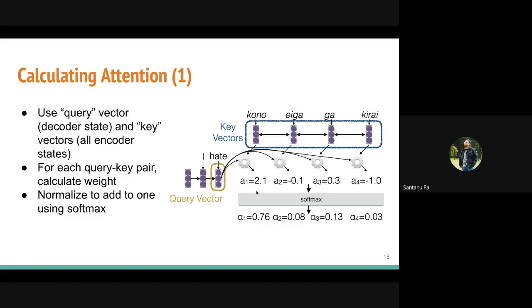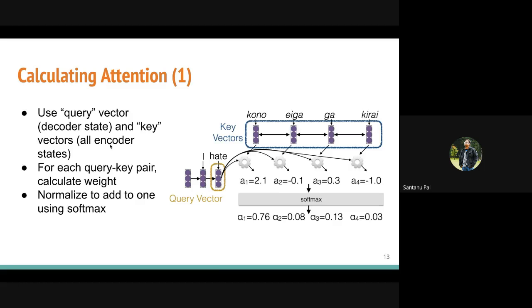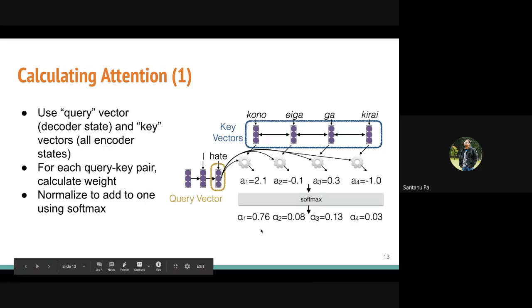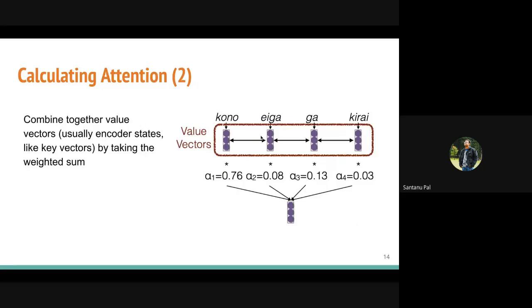This is the scaled dot product case. The value vector comes from the encoder side, and after softmax it will be multiplied by the value vectors, which in general are the same as the key vectors.